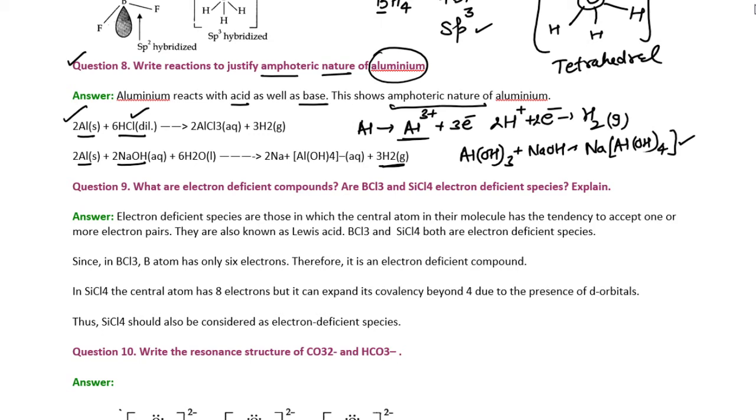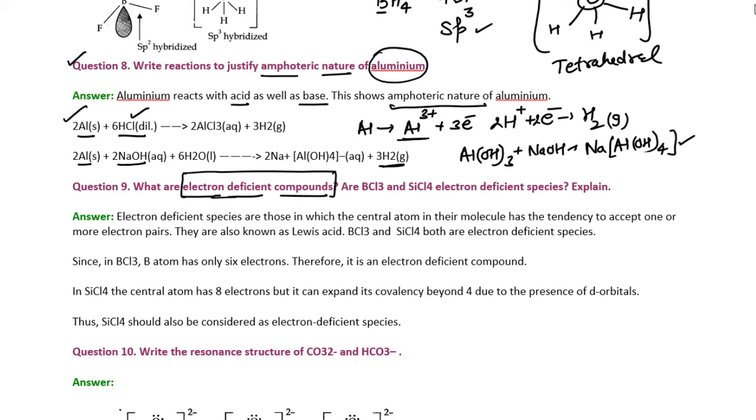Next, what are electron deficient compounds? As I said earlier, electron deficient means which has electron deficiency. So if it has less than octet of electrons, that is an electron deficient compound, or if it has vacant d orbital even, then it is an electron deficient compound.